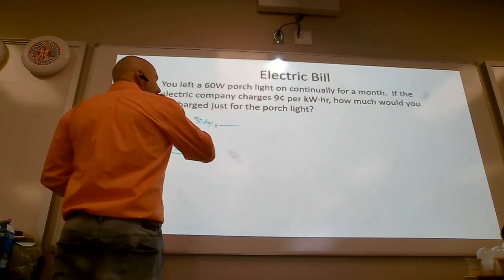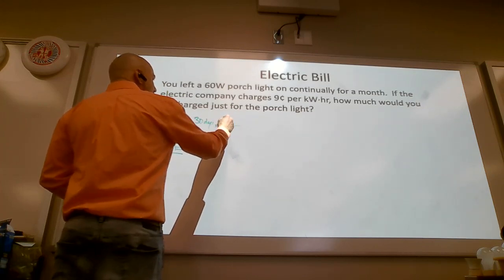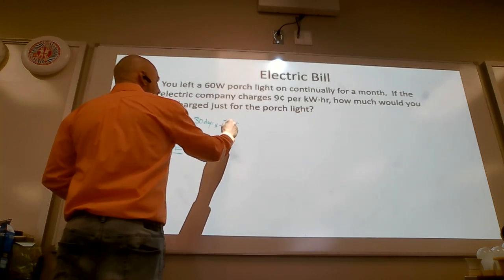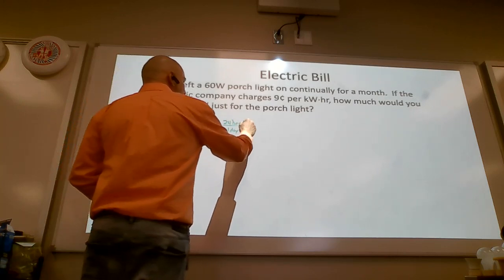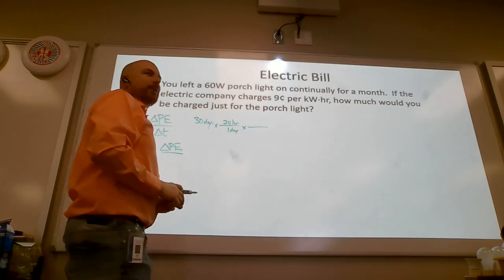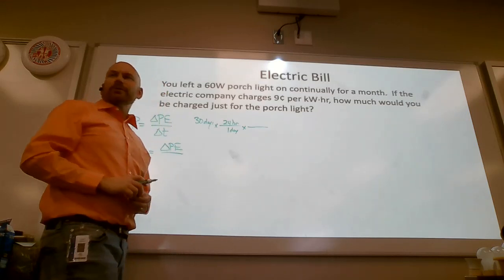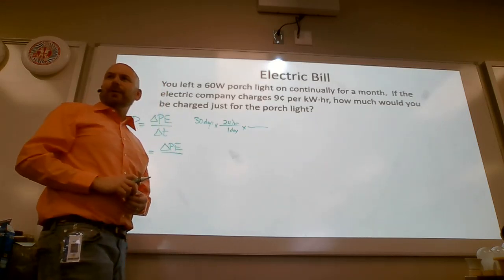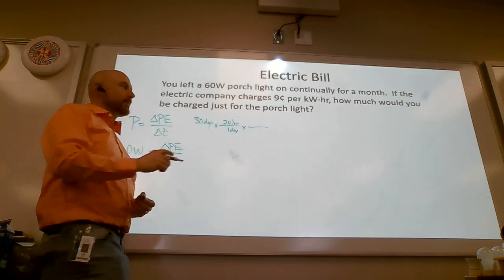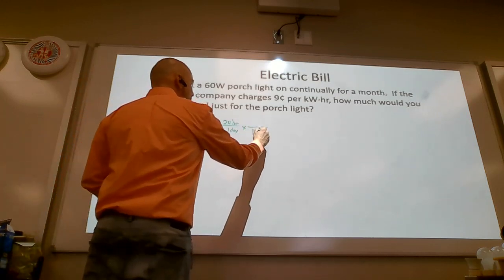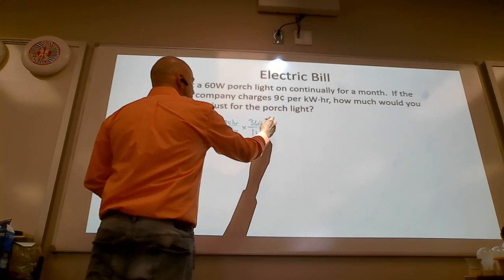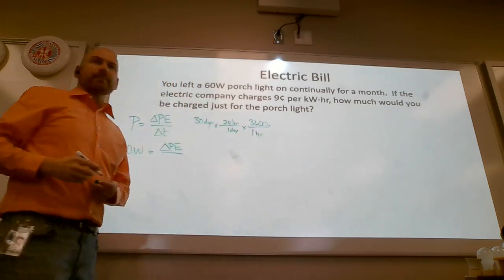So converting that to seconds, I need to go to hours, so 24 hours in a day. And are you okay with me just jumping to 3,600 seconds in an hour? You okay with that? 60 times 60. Okay, so 1 hour is 3,600 seconds.